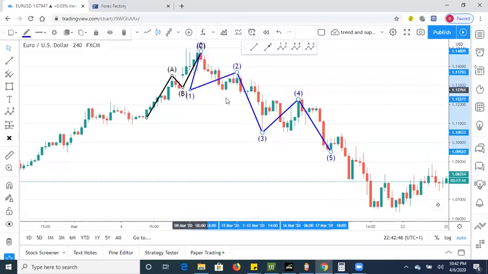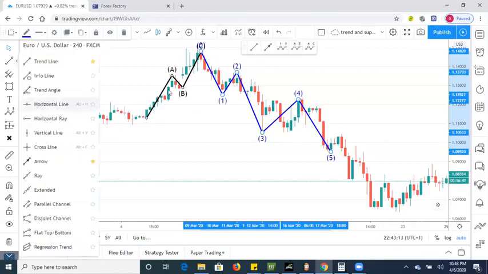And the basic thing is that 1 has to take out 2. Point 1 has to take out B for you to say this is a head and shoulder pattern. This was initially an upward move. You want 1 to take out B to confirm that price might want to begin to roll over downwards, right?